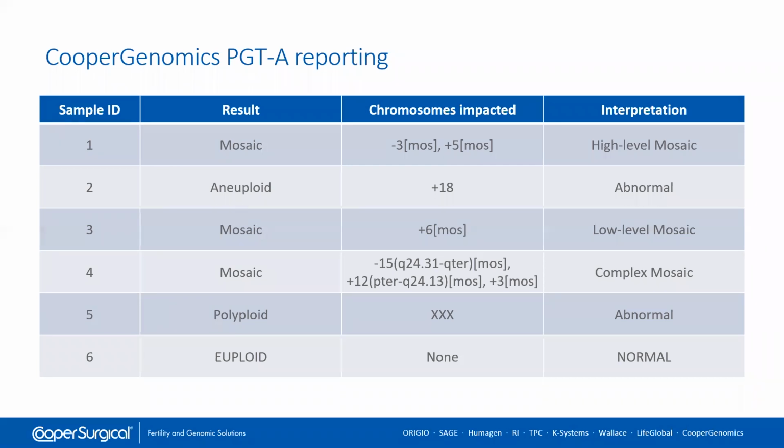Then you have the potential of other mosaic outcomes. So in the case of sample ID 1, we have 2 chromosomes which are mosaic, one of which reached the high level mosaic. So we would just interpret that as a high level mosaic, but not tell you which chromosome it was, because it doesn't matter. The outcome won't matter whether it was chromosome 3 that was a high level or a chromosome 5 that was high level.